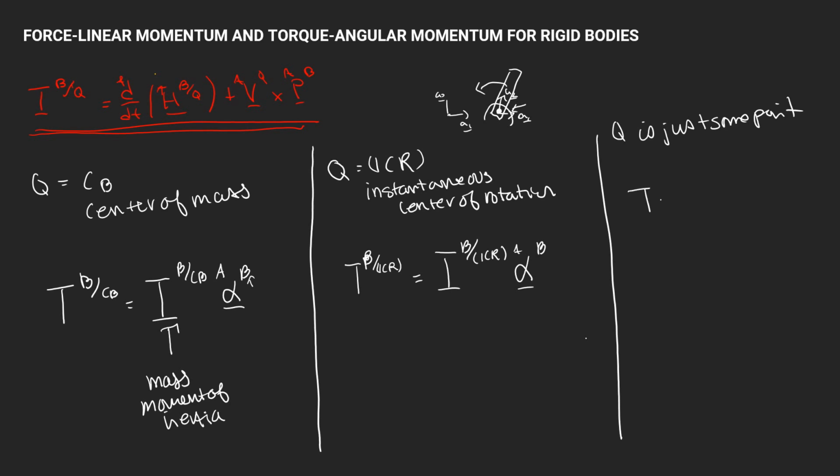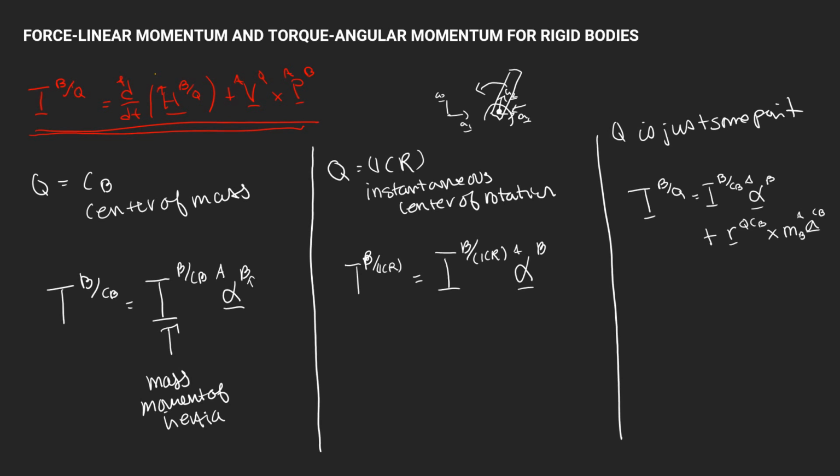If that's the case, we get torque, and we're just going to keep calling that about point Q, is equal to the moment of inertia of our rigid body about its center of mass, again times the angular acceleration of our rigid body in frame A. But then you also have this additional term, and so the plus, and now here you have the position vector that takes you from point Q to the center of mass of the rigid body, crossed with the mass of our rigid body times the acceleration of the center of mass of our rigid body in frame A.